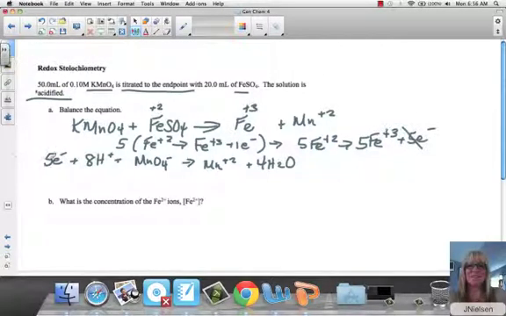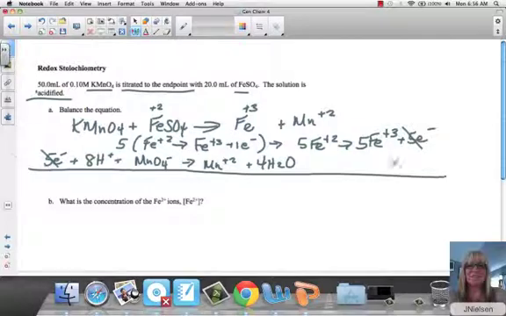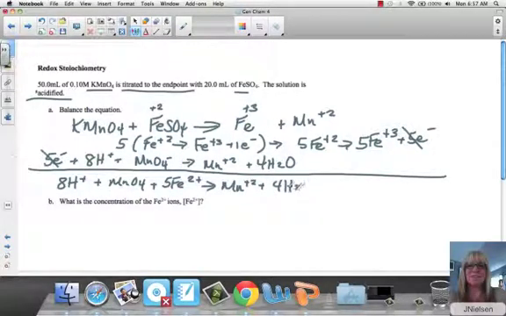Now these can cancel. So my final equation is going to be 8H plus MnO4 minus plus 5 Fe2 plus going to Mn plus 2 plus 4 waters and 5 Fe3 plus.